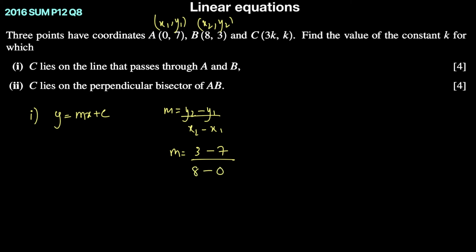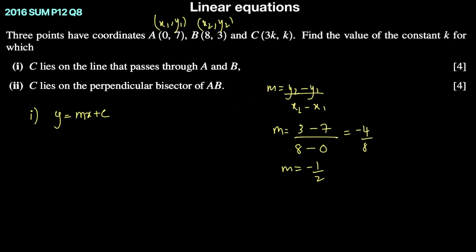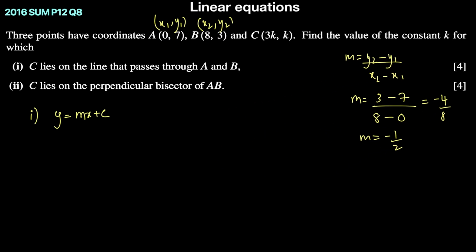So our slope comes out to minus 4 over 8. So our slope is equal to minus 1/2. So now we have the equation y is equal to minus 1/2 x plus c.